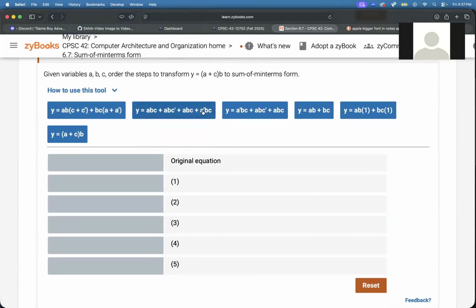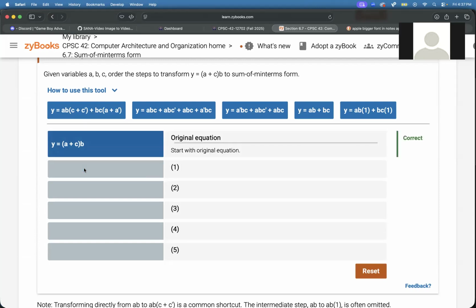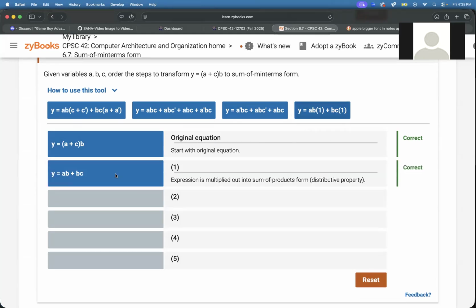So for a more complicated one, y equals A plus C times B, you would start with that. So let's find it. There it is. Then what you would do is multiply it all out. So if you multiply this out, you'll get AB, CB, which I see here. From there, the first one is missing a C, and the second one is missing an A. So they both need to be multiplied by one, which I see here.